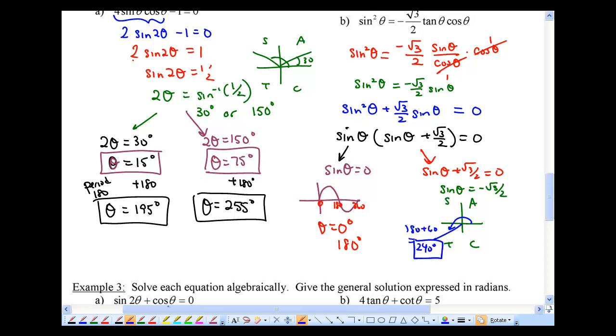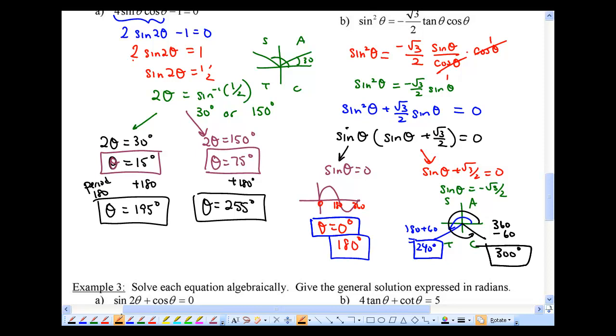There's one answer. I should box these other ones. And our answer in quadrant 4 would be 360 take away 60, and that would be 300 degrees. Done.